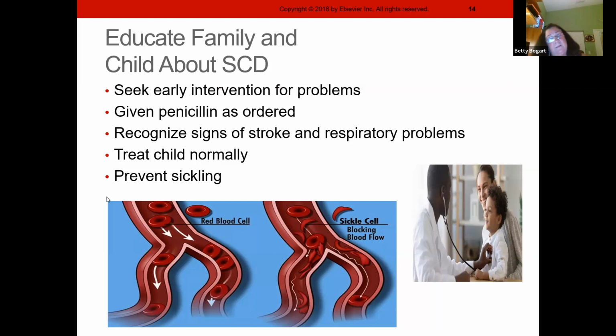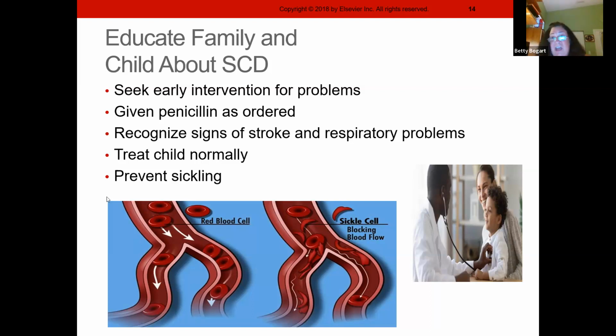It doesn't always. Another thing that we don't think about is those sickle cells in the brain. This could be a mini stroke going on. So if we see a child with a headache with sickle cell, always think sickle in the head, which could be a mini stroke going on. So checking neuro, very important, okay?